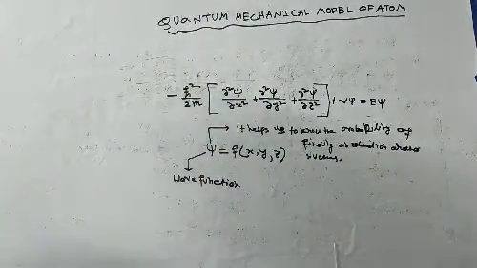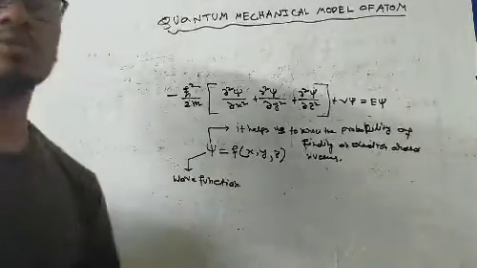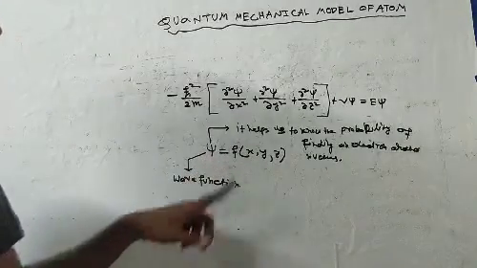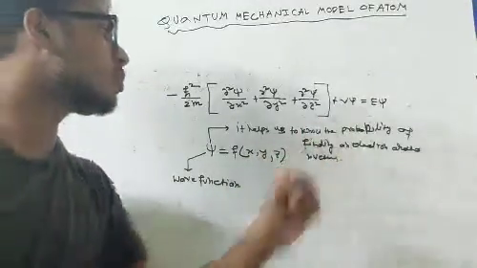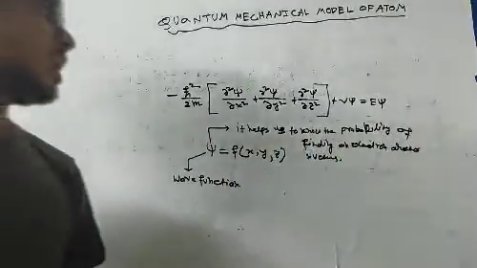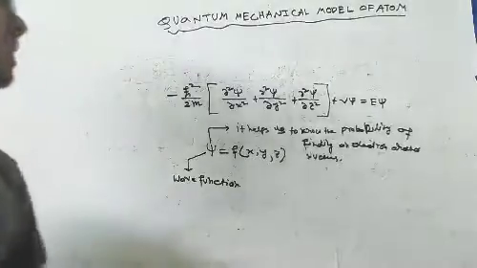So why are we interested in psi? That means why are we interested in the wave function? Because it helps us to know the probability of finding an electron around the nucleus.